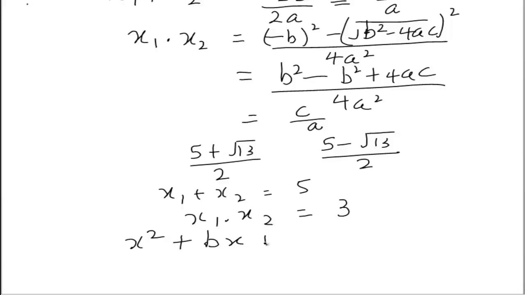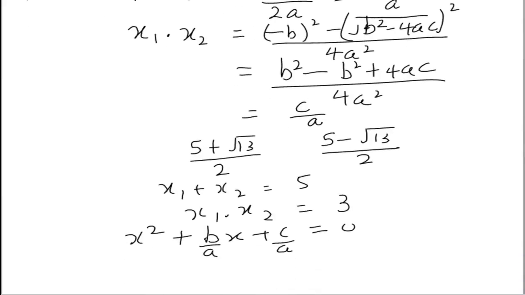plus c equals 0, and if I divide throughout by a, that's what I will get. So you notice b over a, and we looked at minus b over a as the sum of roots.